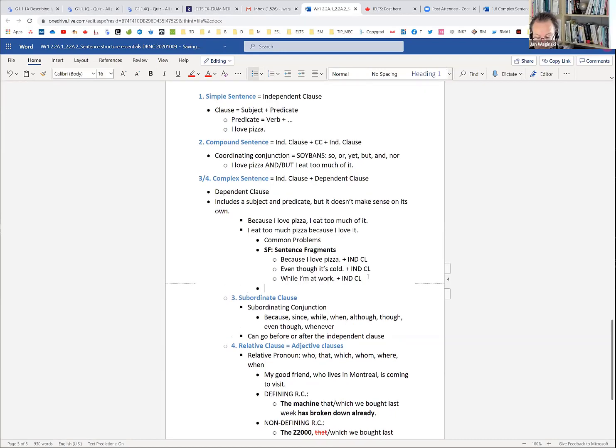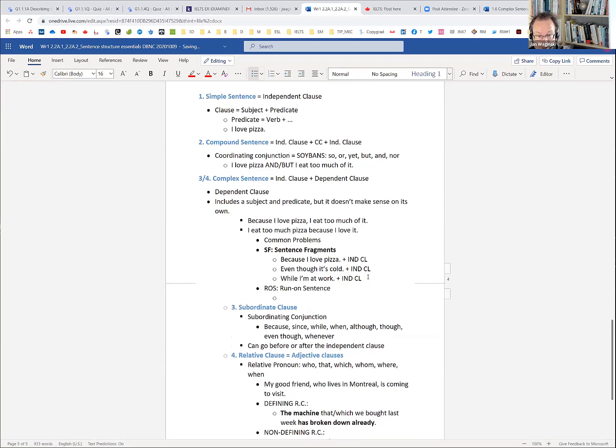The other killer issue, I'll put ROS if you have one of these, is a run-on sentence. And a run-on sentence means you've got two or more independent clauses that are not separated or joined properly. Say, I love pizza, I eat too much.